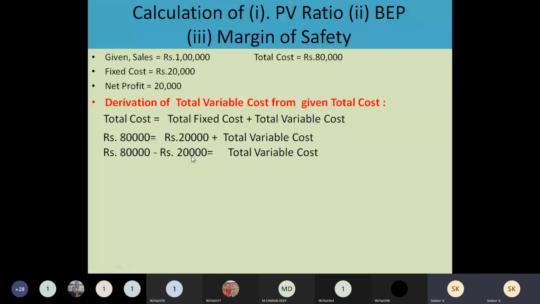So this you are familiar because you know the mathematics, right? So 80,000 minus 20,000 will give you the total variable cost. So how much it is left over? It is 60,000 rupees. Okay. So this is how you have derived this total variable cost.